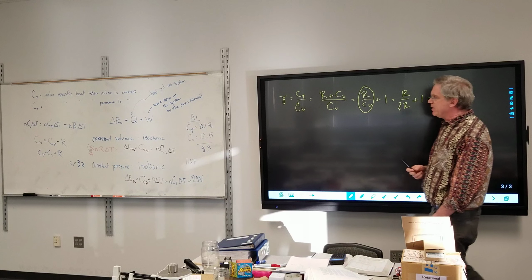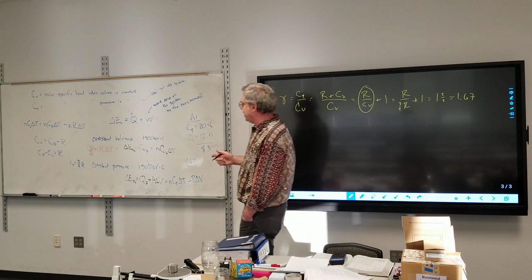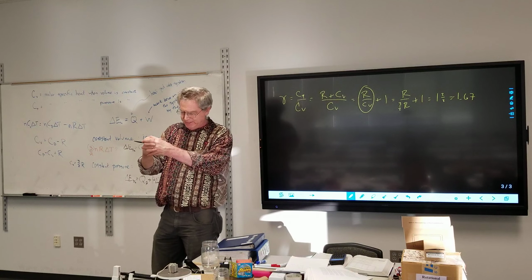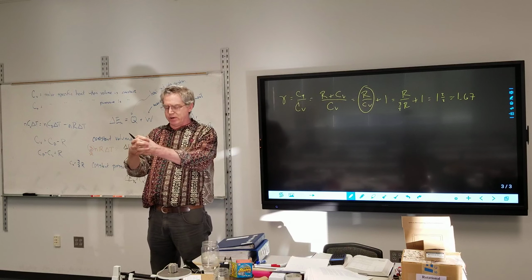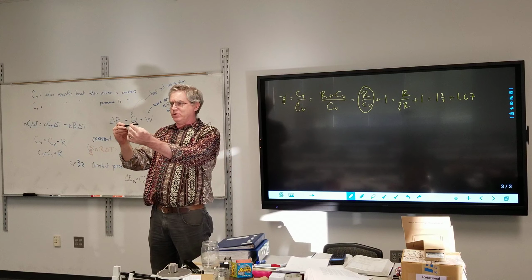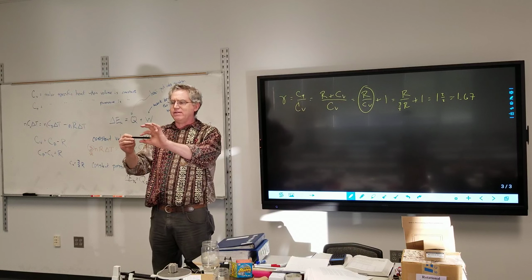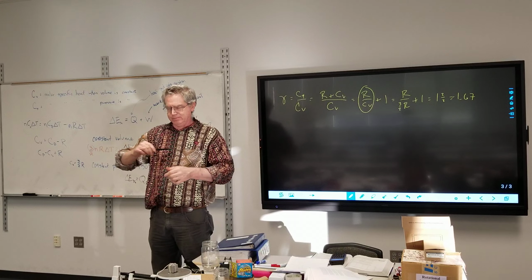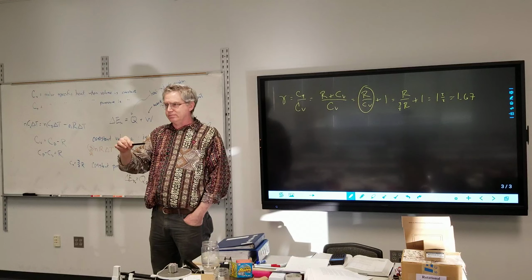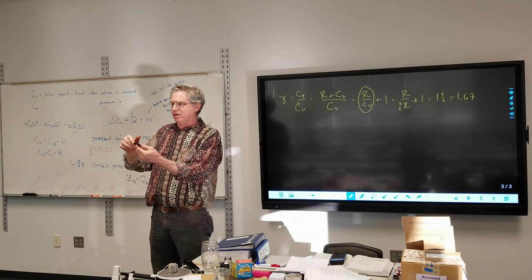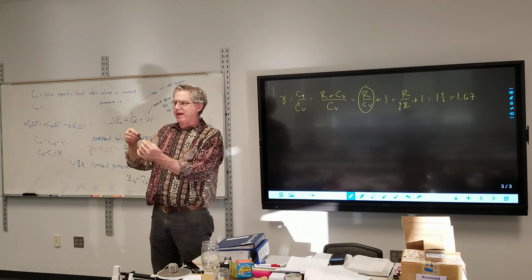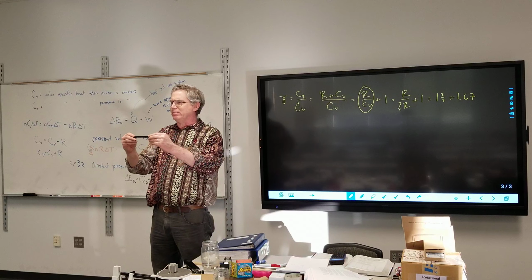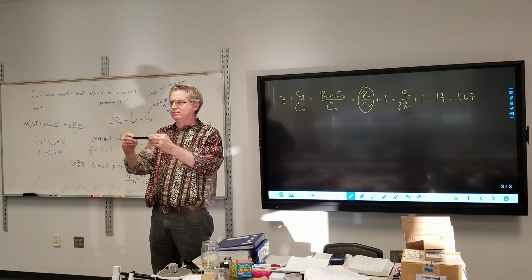If I take a diatomic molecule, so not just a monatomic, single point particle, I now have some depth to it. In essence I have 5 degrees of freedom. I've got the 3 translational degrees of freedom, and then I can spin around that axis and spin around that axis. Spinning along the molecular axis is not really a degree of freedom because there's no difference in the particle spinning like that.